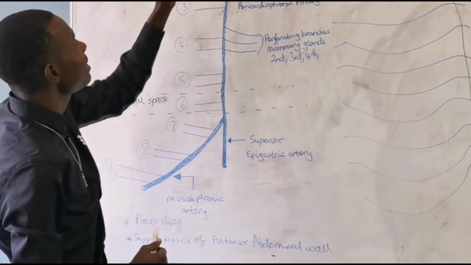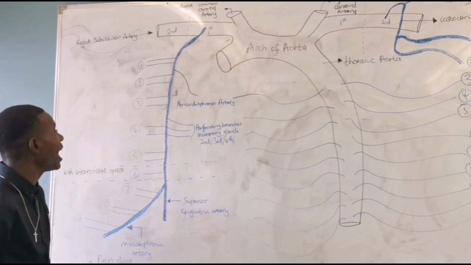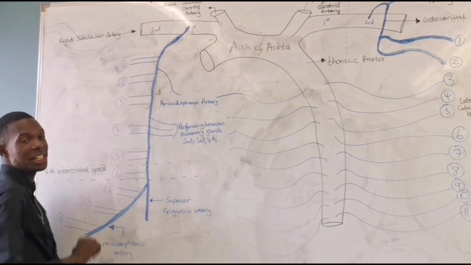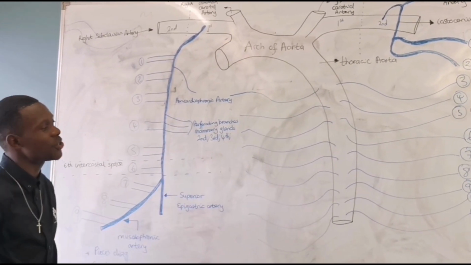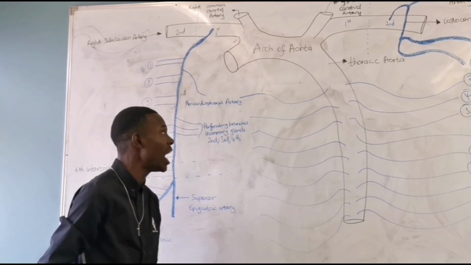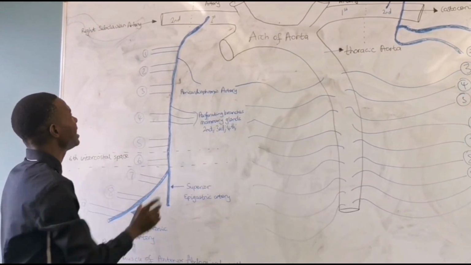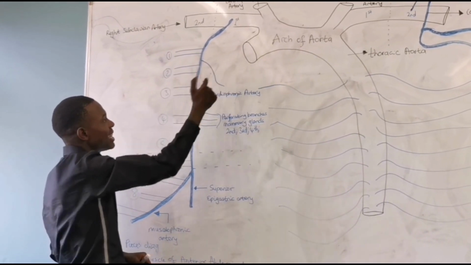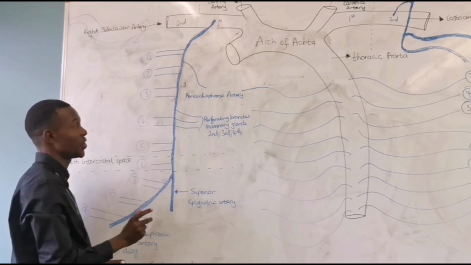wall. So at each intercostal space, the internal thoracic artery is going to give two branches here. These two branches are going to later anastomose with the posterior intercostal artery. We're going to talk about it here. And you need to take note of this, that the branches of the internal thoracic artery are called the anterior intercostal arteries.